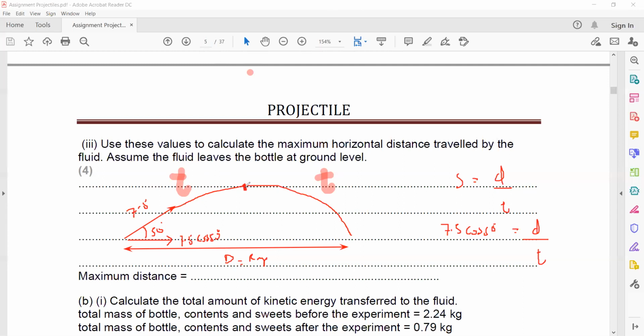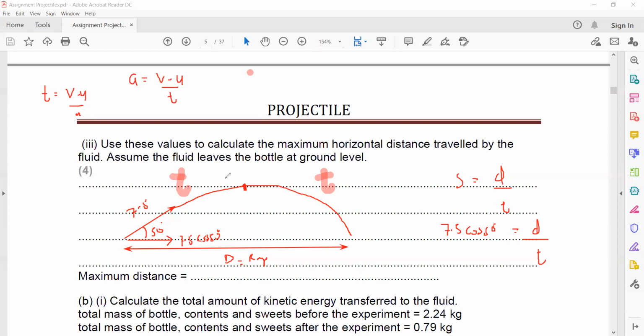At maximum height I can use the vertical component. I have this equation: acceleration is V minus U over T. Or if I need time, time is change in velocity divided by acceleration.